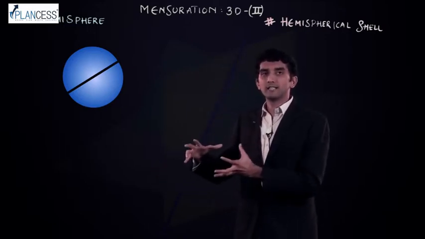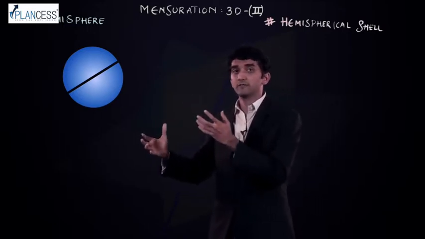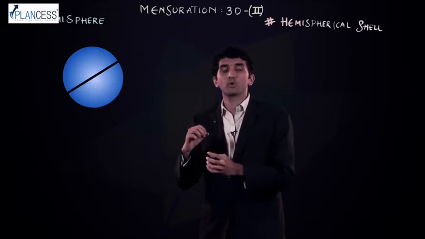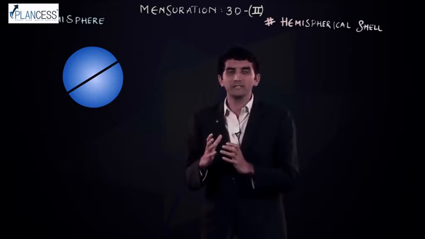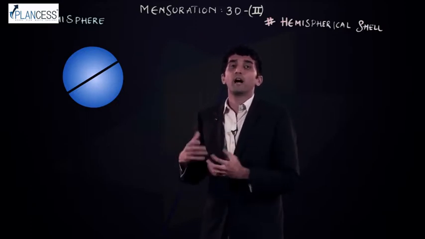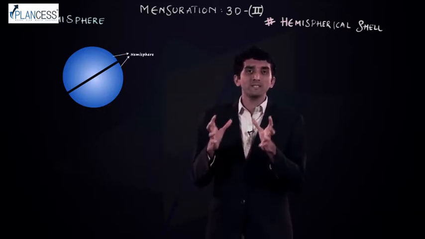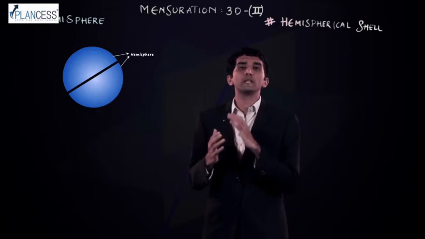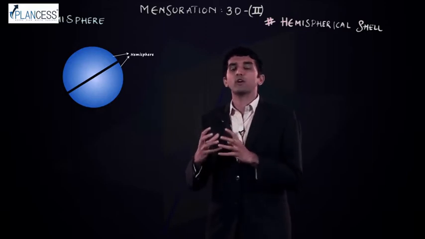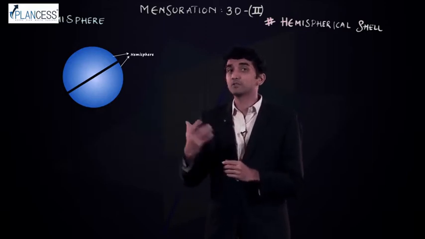We are going to get two solids which are exactly equal to each other, and both of them are going to be called hemispheres. So basically one sphere when cut into two equal halves gives hemispheres. Each of them is called a hemisphere.